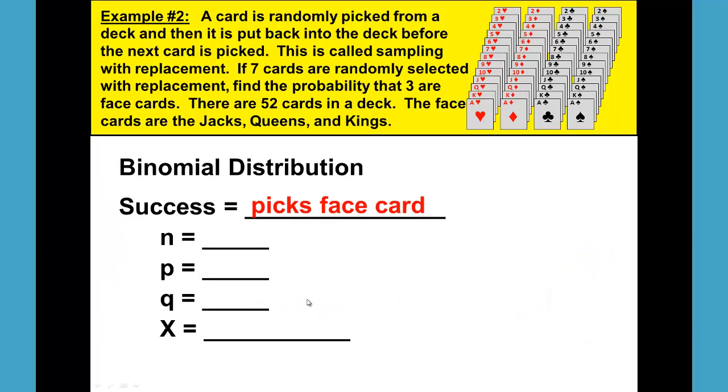A success is that we pick a face card. N is the number of trials, which is 7. P is the probability of success, and this is where we have to calculate it. It is not given to us in the problem.